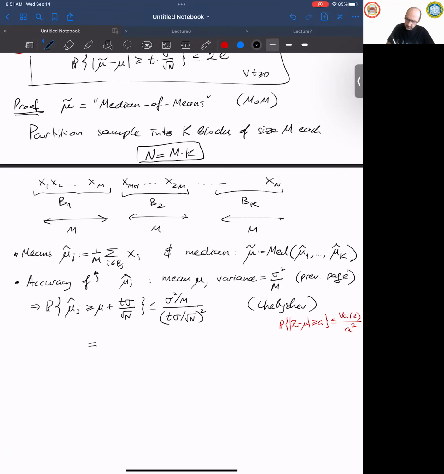Okay, let's simplify this thing. Sigma cancels, I believe, and goes on the top, t squared on the bottom, and m on the bottom. Now, n over m, that's k. That's the number of blocks. So we get k over t squared.